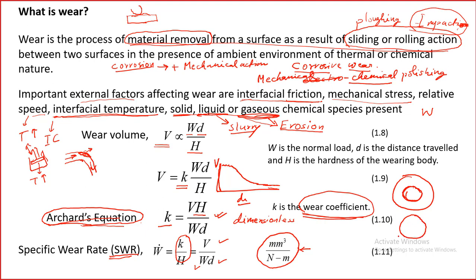If this is the tire and this is the road, the tire always sees a fresh surface, a new road, unless you move back and forth on the same road. Your tire will always move forward, and as it moves forward, it sees a new surface. But in most other cases, even brakes have the same issue. The brakes will be applied here and it will form some sort of wear track.